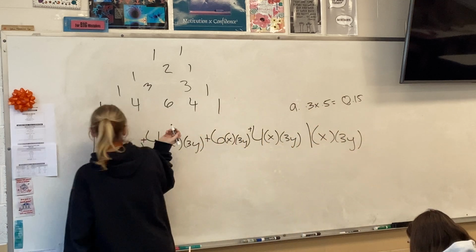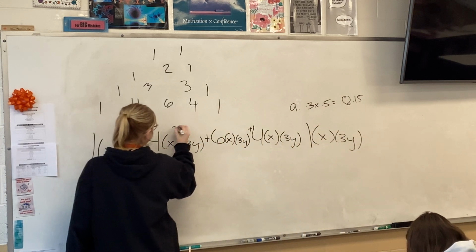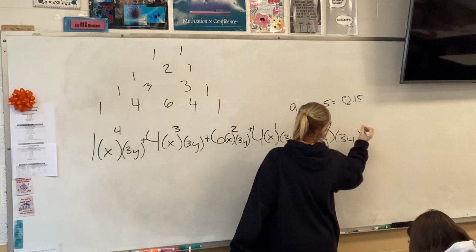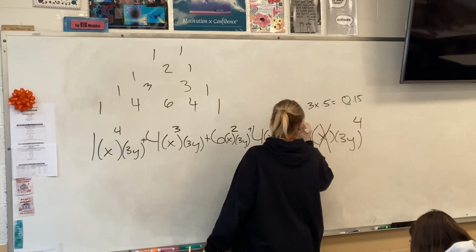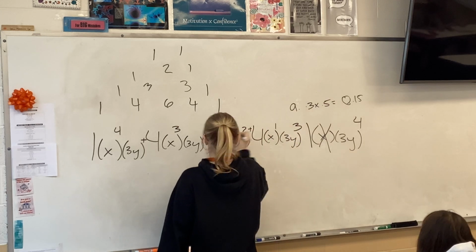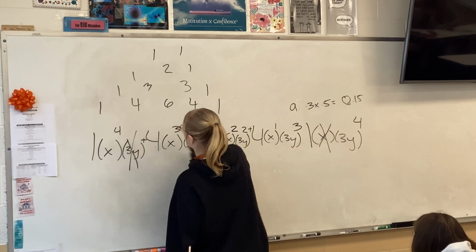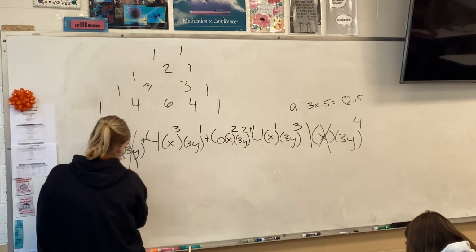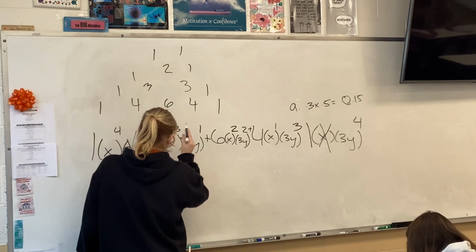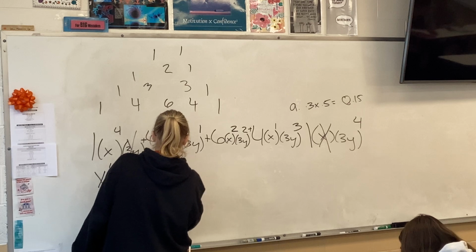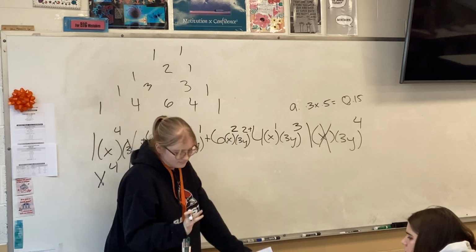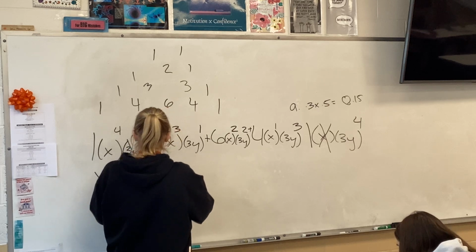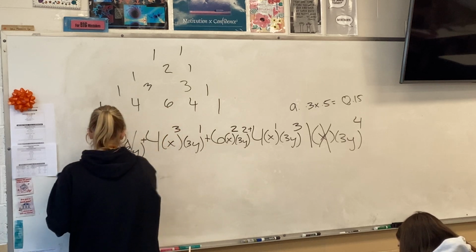Back over here. X, 4, 3, 2, 1. Cross it out. 4, 3, 2, 1. Cross that out. And X, 4. Nope, I don't like that either. So I need to fix this.